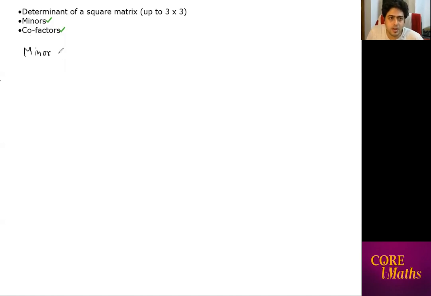So minor is denoted as MIJ, and cofactor is denoted as CIJ. So what is minor?